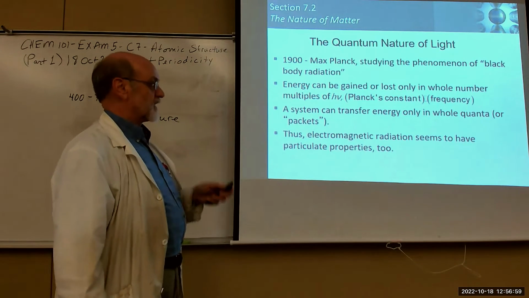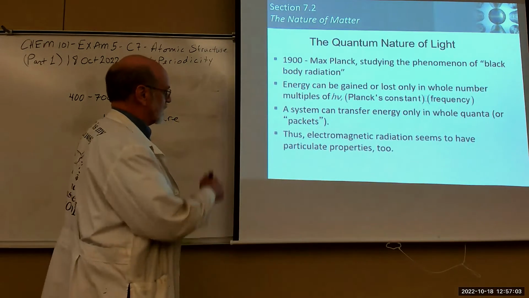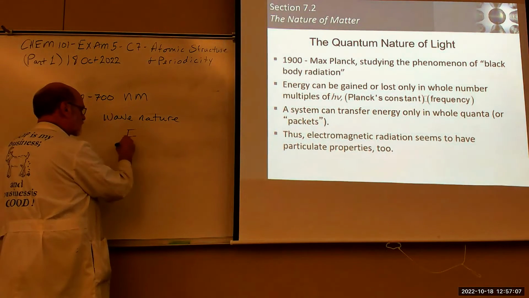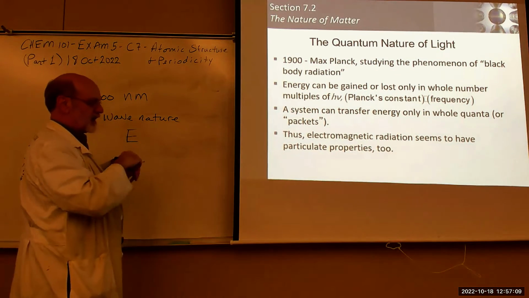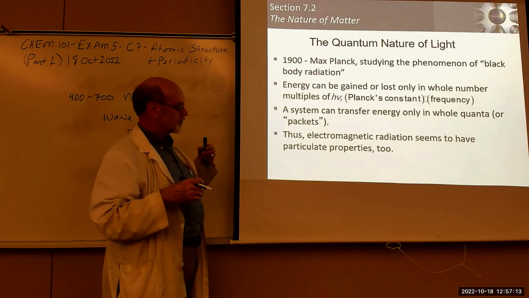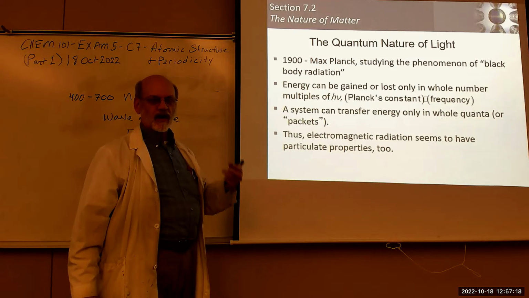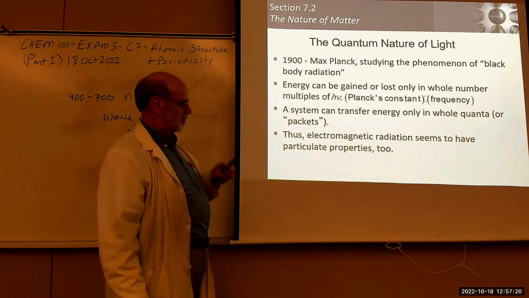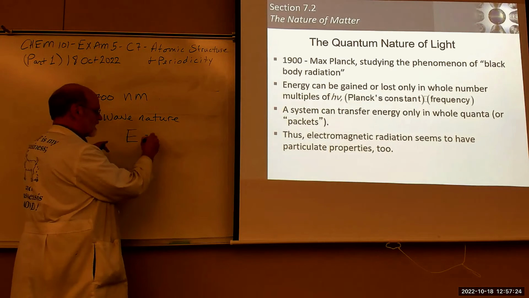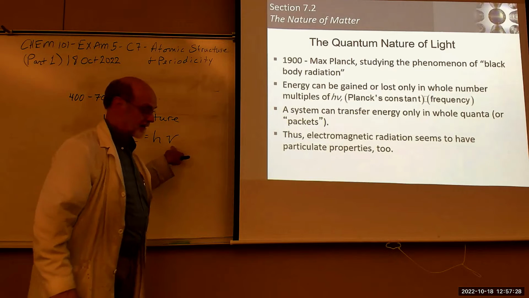Max Planck did some other things too. He devised an equation, it's on the next slide, but I'm going to write it up here anyway, to determine the energy of a packet of light. He was starting to introduce the concept of quantum, a quanta of light, a packet of light. And he said that packet contains energy that's proportional to its frequency. Okay?